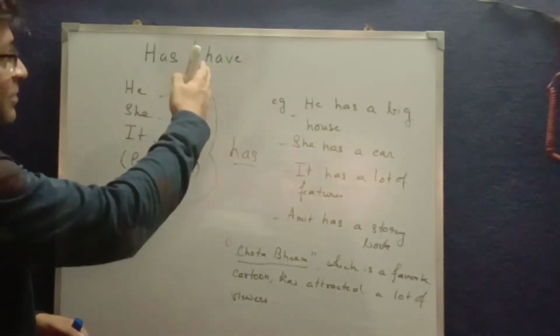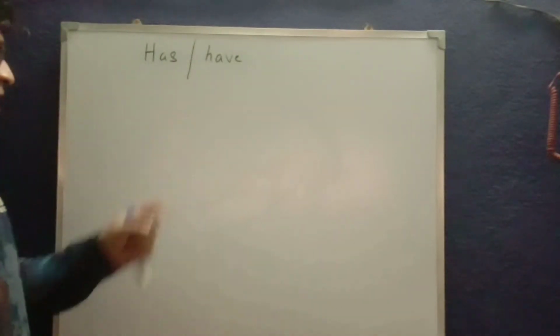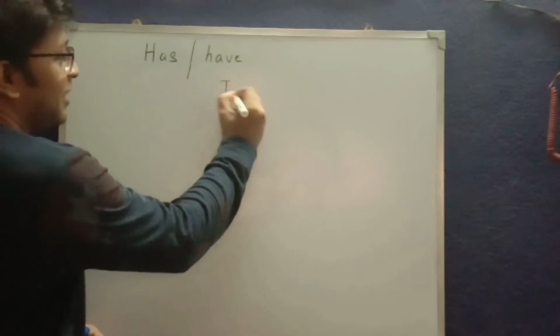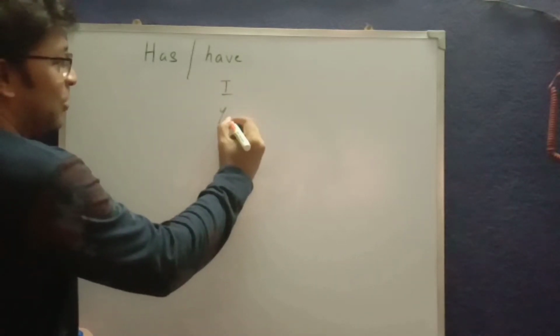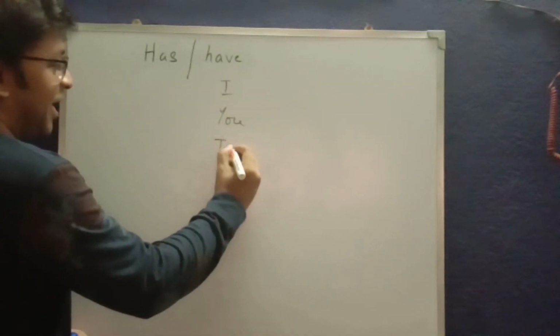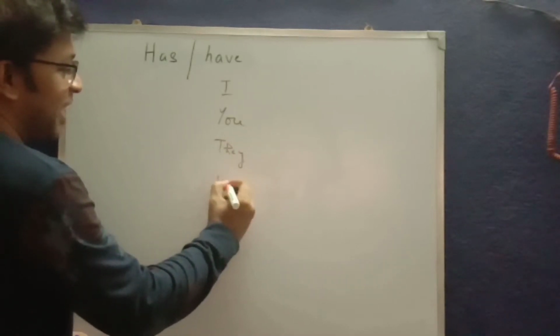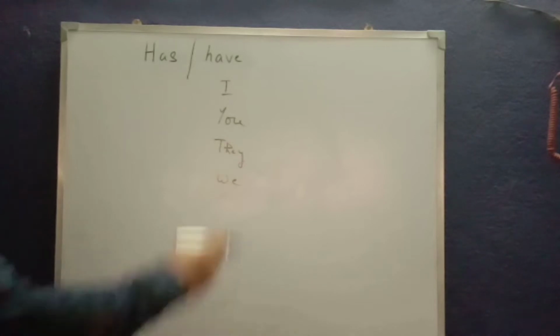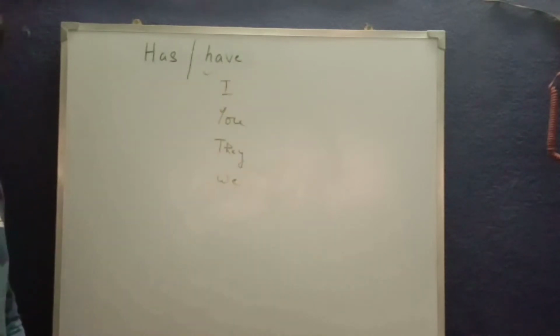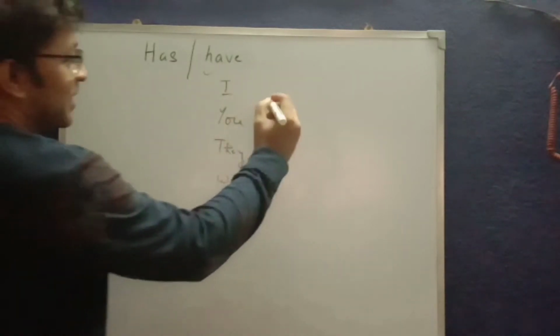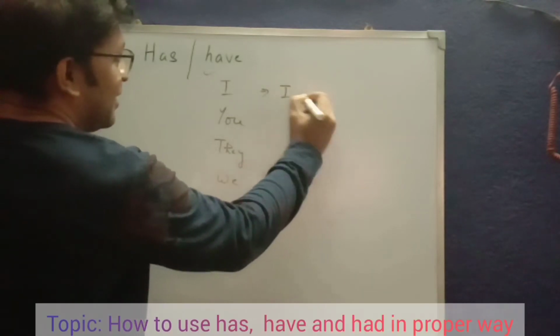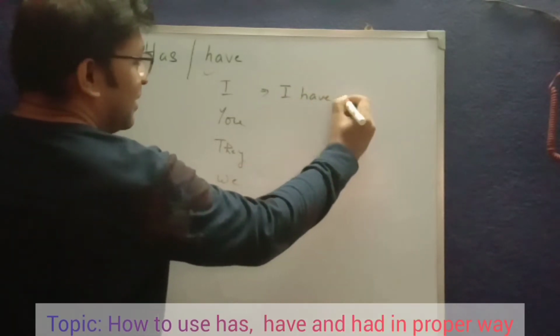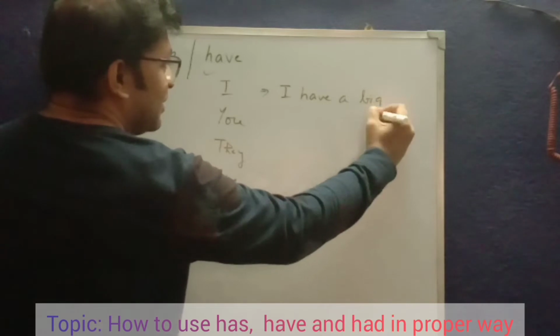Now let's begin with have. In the case of have: I have, you have, they have, we have. These pronouns are used with have. Now how are you going to make sentences? I have a big house.